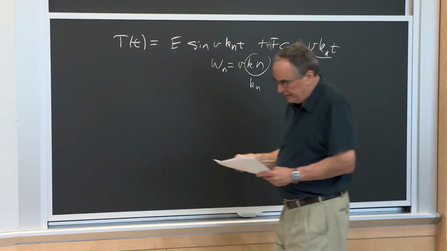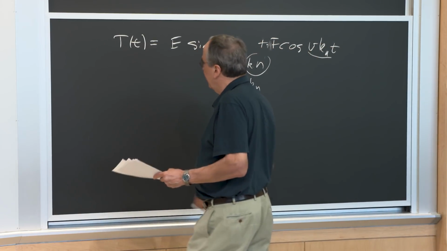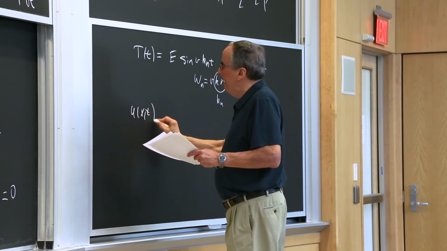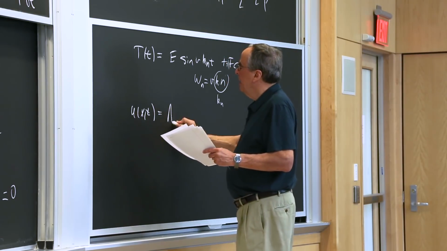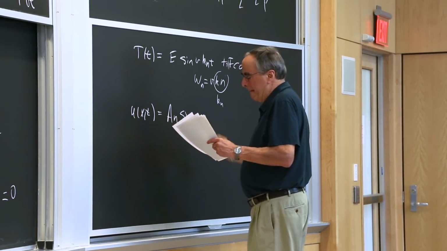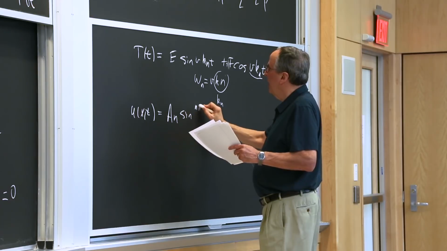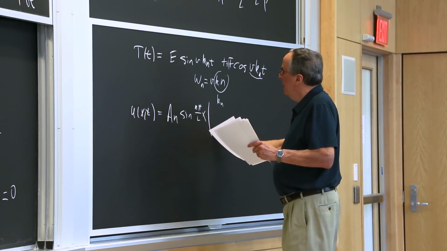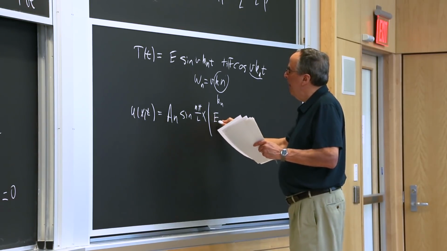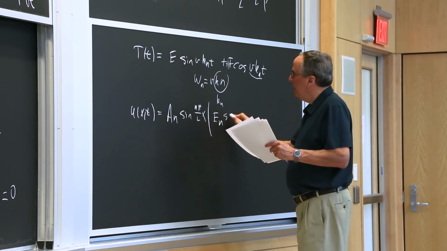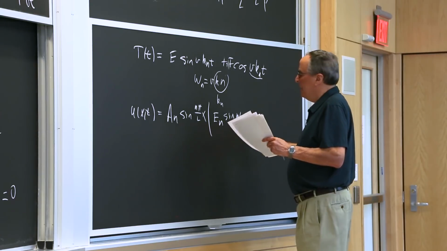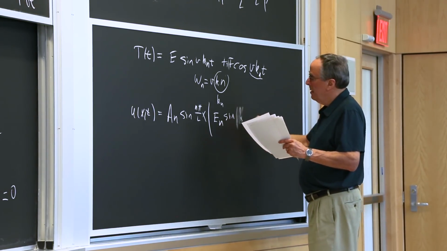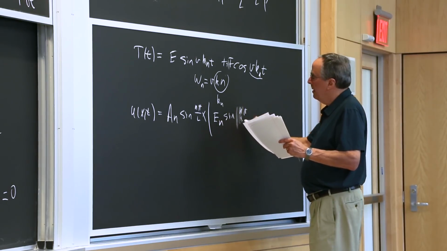So we can rewrite this in a frequency and phase form. So we have now the full solution. We have A n sine n pi x over L, and then this E n sine n omega t plus F cosine n omega t.